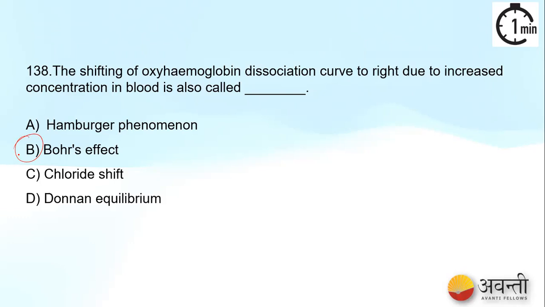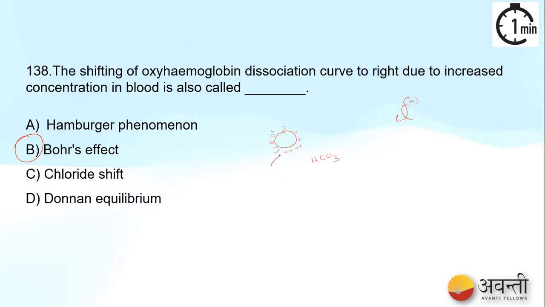So that is called Bohr's effect. The chloride shift is this: in your blood, we have chloride ions, which are negatively charged. Whenever we have HCO3, the bicarbonate form of carbon dioxide, carbonic acid is split into a hydrogen ion and bicarbonate. Now there is an accumulation of bicarbonate around the red blood cells.